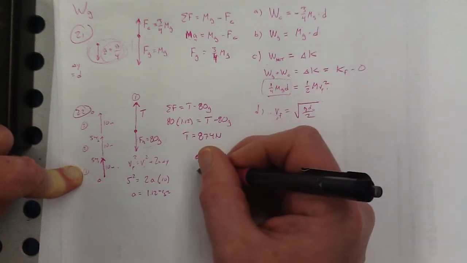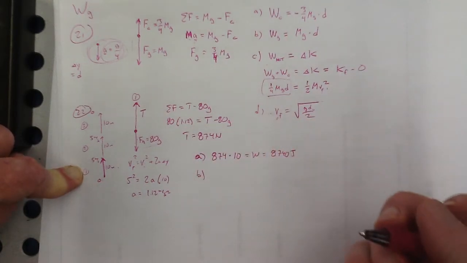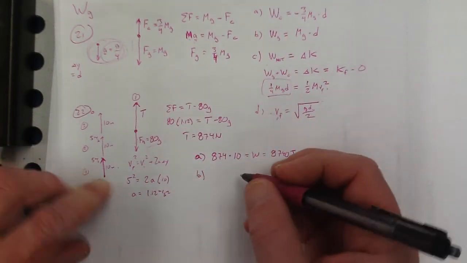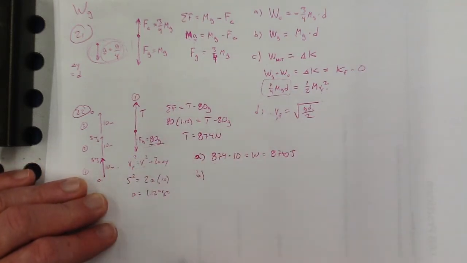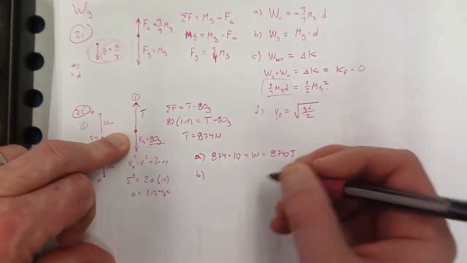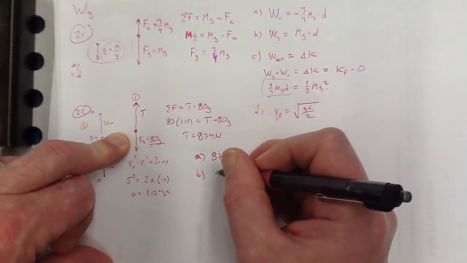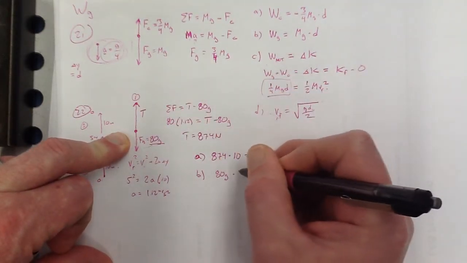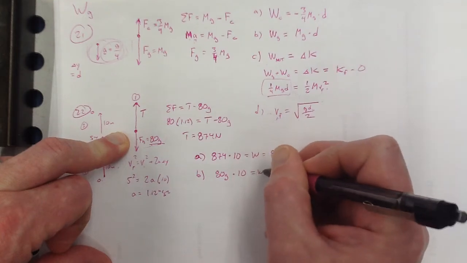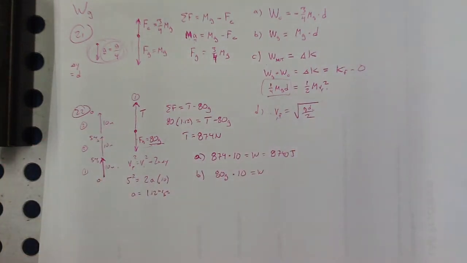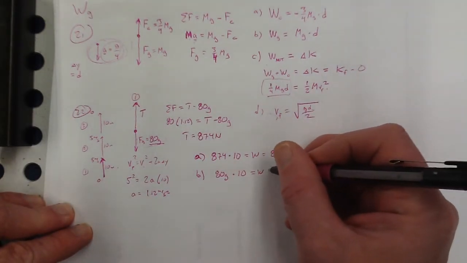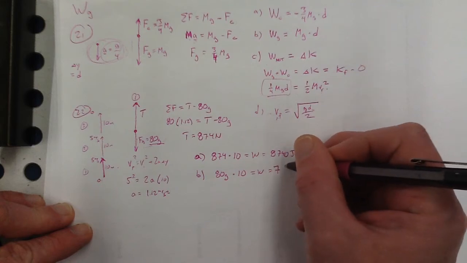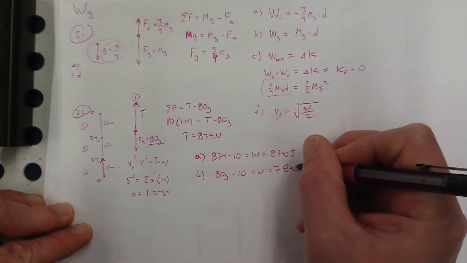And then B. I've got there, the forces are balanced, so that means the tension force is going to be equal to 80G times 10. So that's about 7,840.